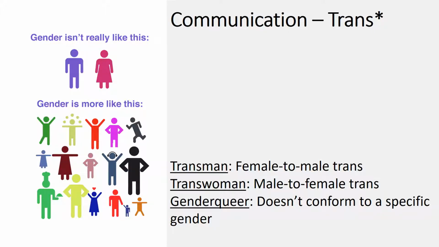So I want to transition into talking about some communication strategies when working with transgender individuals. I wanted to just go over a few definitions again, just to remind everyone of what these different identities refer to. When we are talking about trans men or transgender men, these are people who are born female.